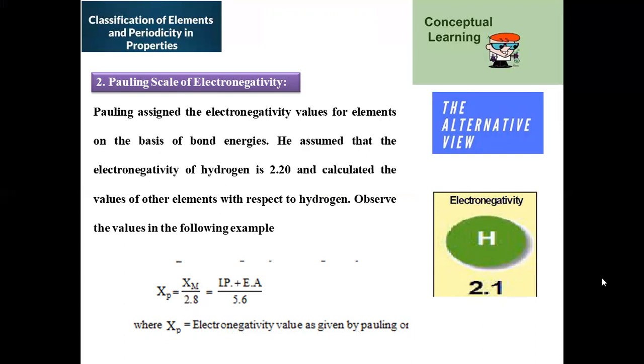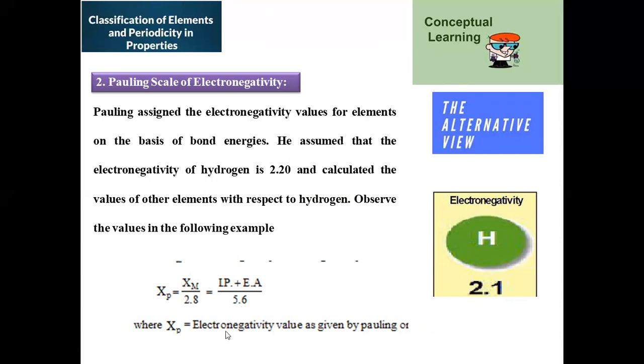This is a parameter with respect to hydrogen, because hydrogen is taken as the standard. It gives more accurate results when compared to the Mulliken scale. And chi M is nothing but ionization potential plus electron affinity divided by 2. When that 2 is multiplied with 2.8, it becomes 5.6. That's why the Pauling scale value is given as ionization potential plus electron affinity divided by 5.6.